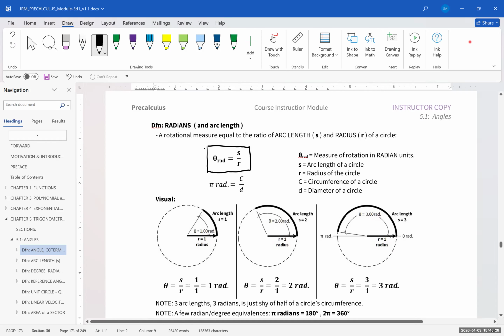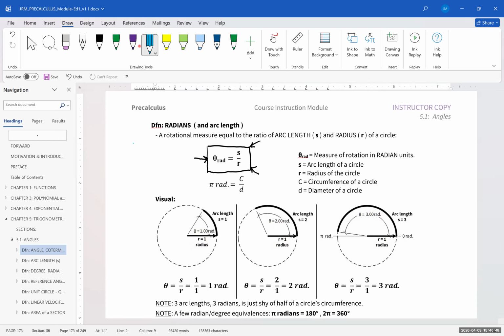What this equation says is that the rotational angle is equal to the length of an arc divided by the radius of that arc. So, what does that look like if we were to actually draw that?